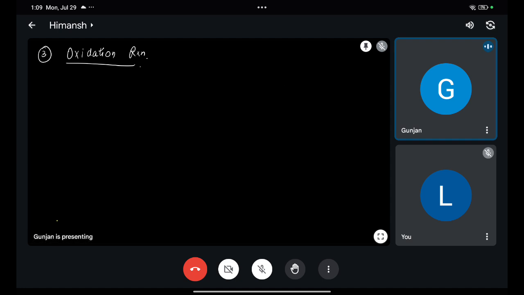So, very important. First one is hydroxylation with Baeyer's reagent. Baeyer's reagent is what?